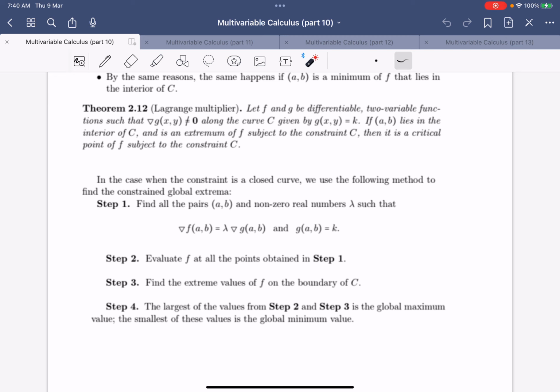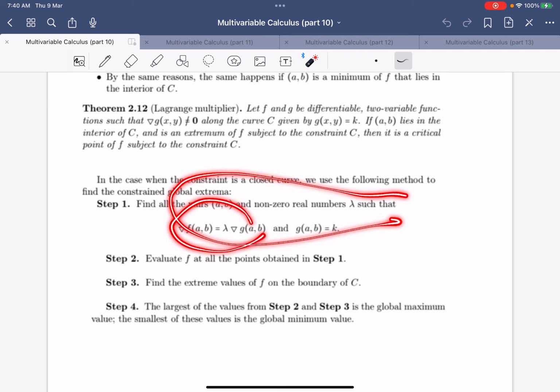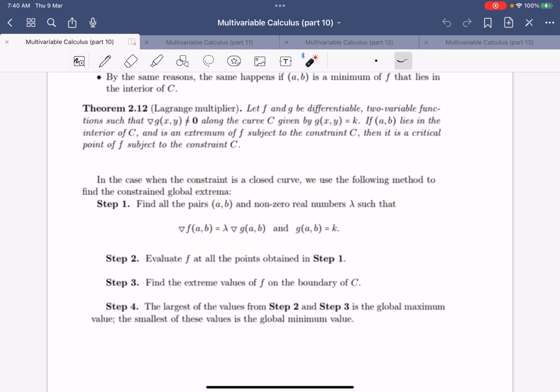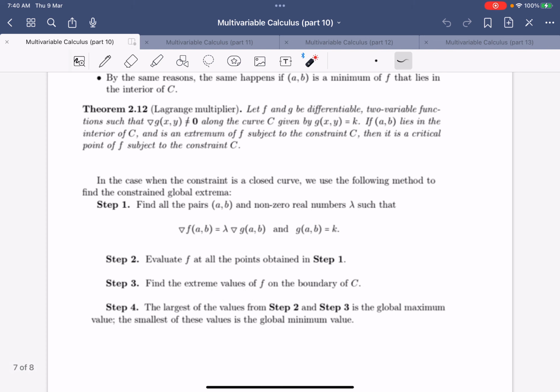And so now we need to look at the interior, but we have this equation and this equation to fulfill. Then we evaluate f at all these points and we find the extreme values along the boundary. Then we just compare step 2 and step 3 and pick out the maximum and minimum respectively.